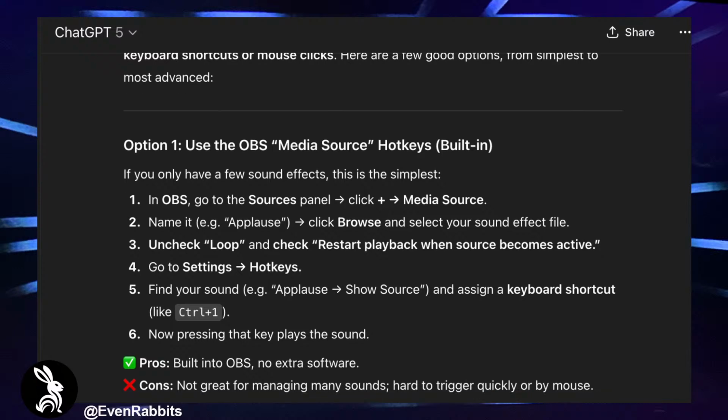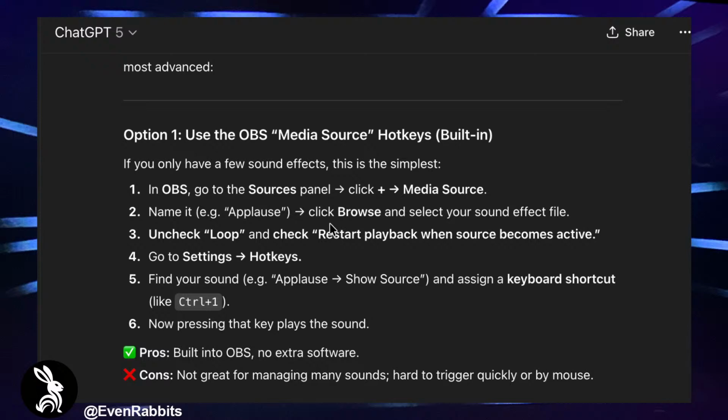In OBS, go to the sources panel and add a media source. Let's say you want applause. Uncheck loop and check restart playback and go to hotkeys, find your sound. Now pressing that key plays the sound. Pros: built into OBS, no extra software. Cons: not great for managing many sounds, hard to trigger quickly by the mouse.